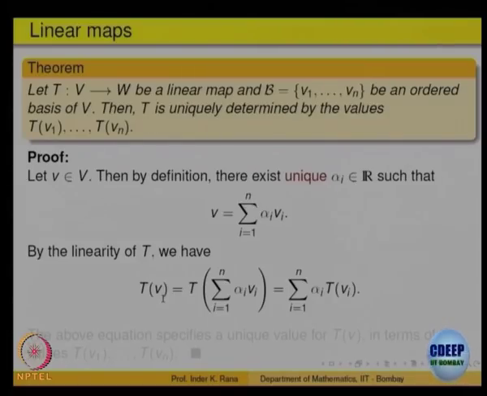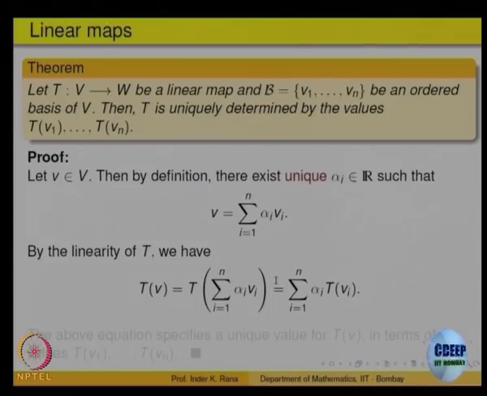So, once you fix the values of a linear transformation on the basis vectors, its value for every vector is fixed. There is only one way you can do it: if v is sigma alpha_i v_i, then T of v is sigma alpha_i times T of v_i, a linear combination of the T v_i's. If the T v_i's are fixed, and the alpha_i's are unique for the vector v, then everything is fixed.